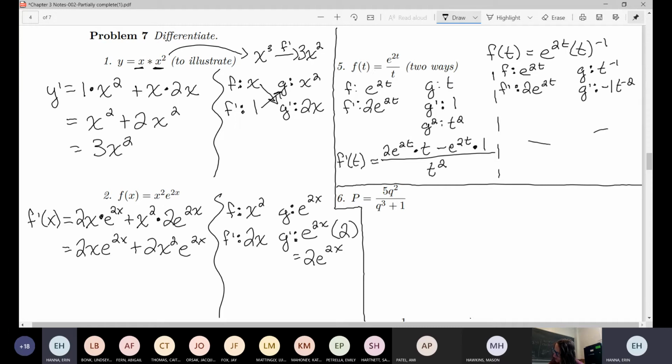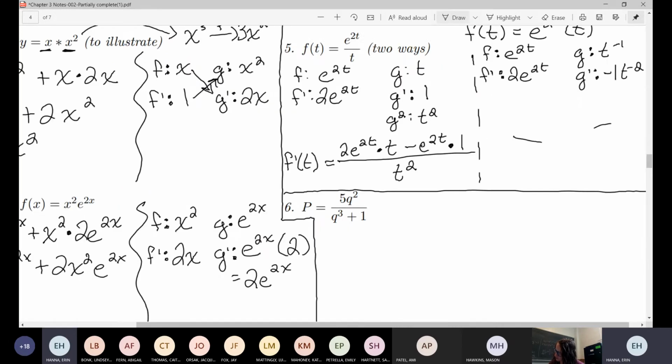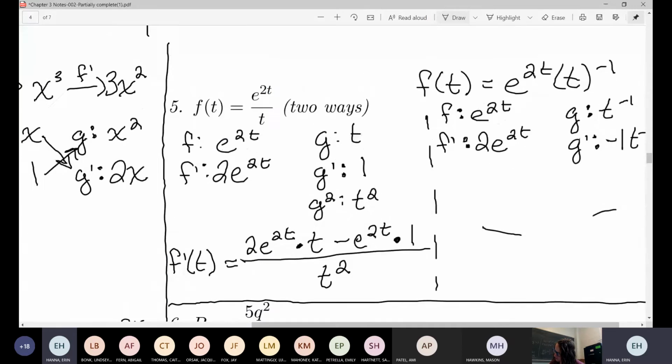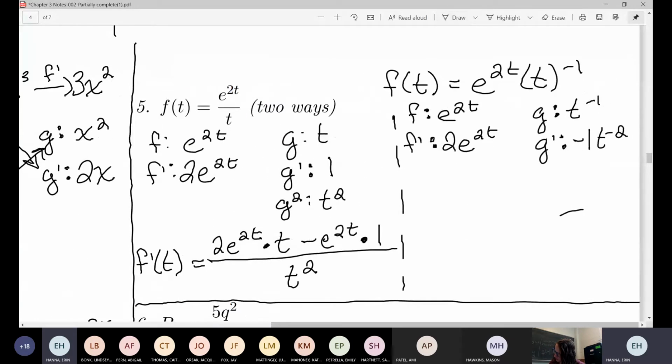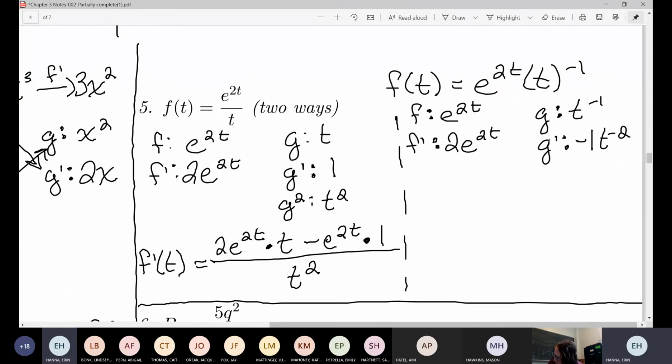Let me zoom in so I can maybe write a little bit better. So the full derivative is 2e to the 2t times t to the negative first plus e to the 2t times negative 1t to the negative second.